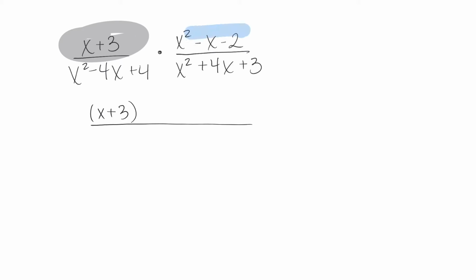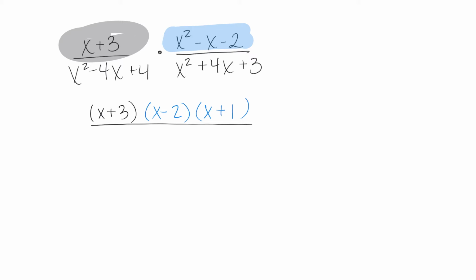Over here, x squared minus x minus 2. What does that factor to? What two numbers multiply to negative 2 and add to negative 1? Well, negative 2 plus 1.